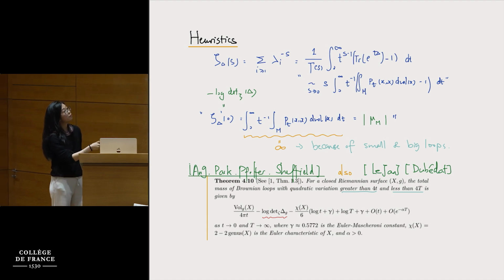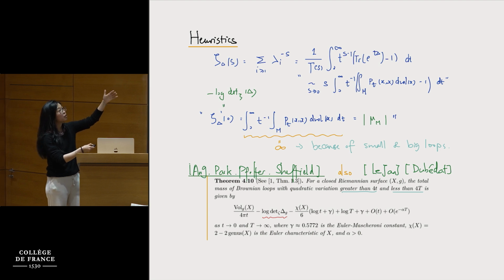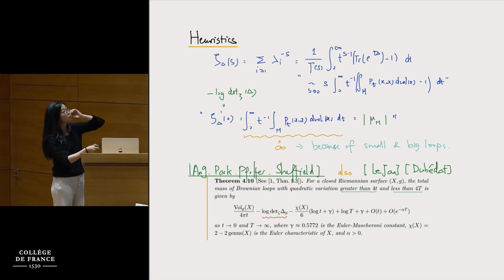They show that if you look at the Brownian loops whose quadratic variation, meaning the t parameter, is between a small t and a big T, so you throw out small loops and big loops, and you look at how they blow up. With respect to the small loops, there is a 1 over t blow up. About big loops, there will be a log of capital T blow up.